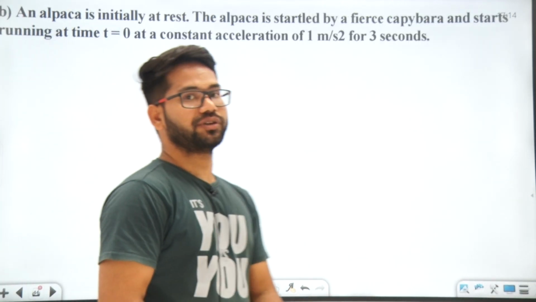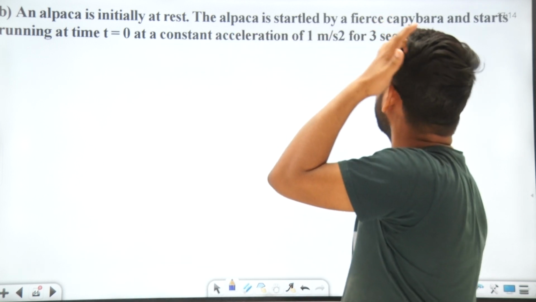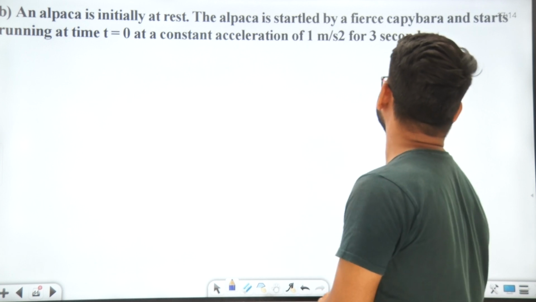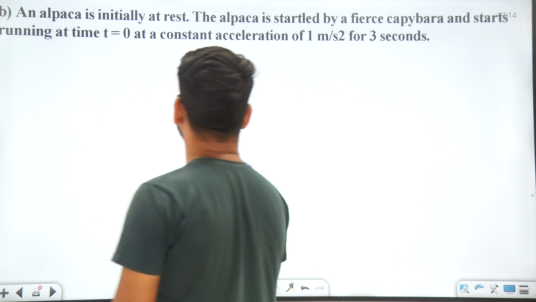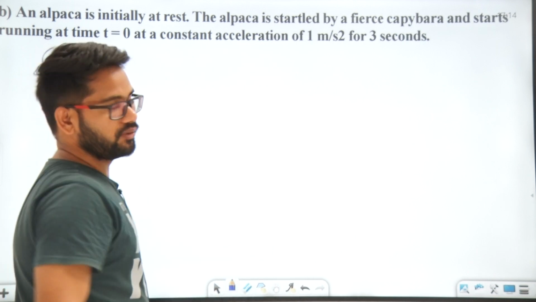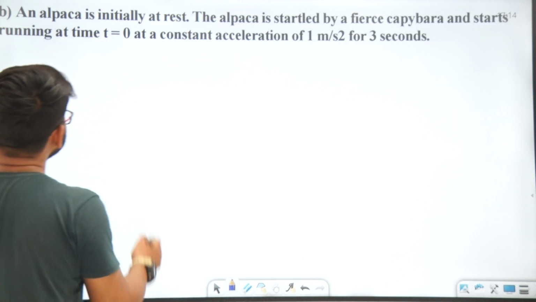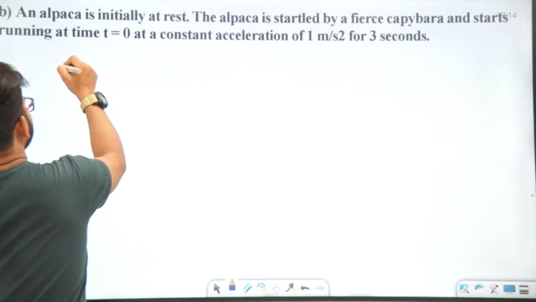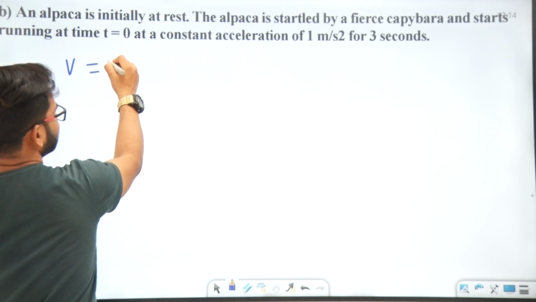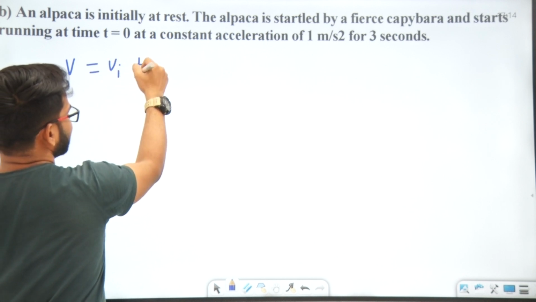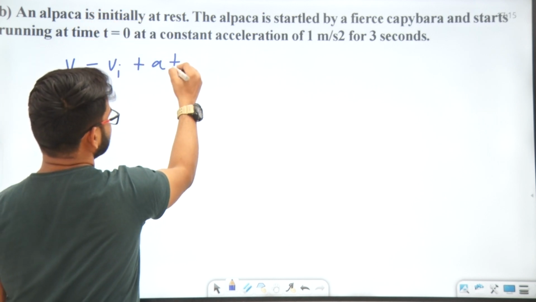Let's take this situation. An alpaca is initially at rest. The alpaca is startled by a fierce capybara and starts running at t equals 0 at a constant acceleration of 1 meter per second square for 3 seconds. So students, can we write velocity as vi plus a into t?